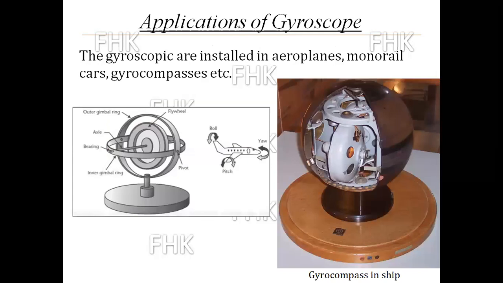The second application, gyroscopes are installed in aeroplane, monorail cars, gyro compasses in ship also. Here you can see the aeroplane pitching, yawing and rolling in three different planes.